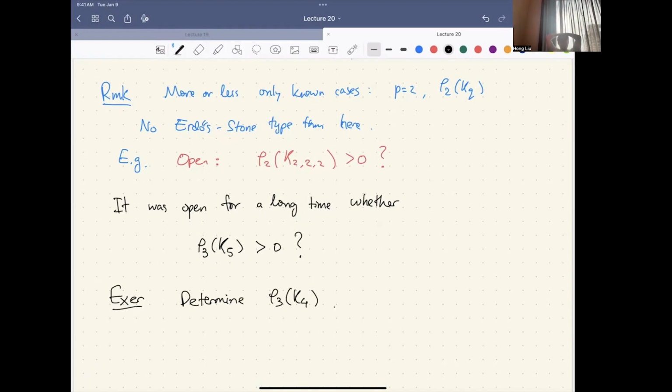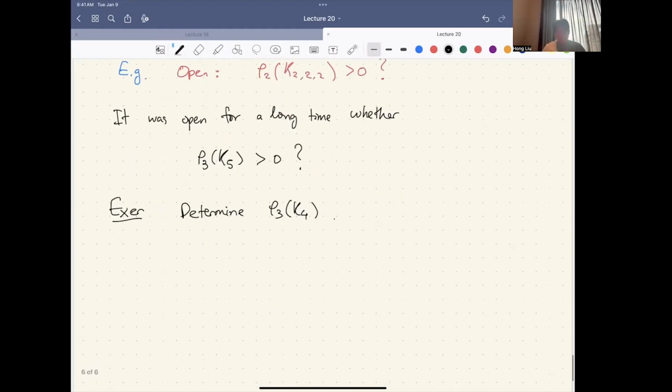Then about 10 years ago, there was a breakthrough by József Balogh and John Lenz, who proved that this is indeed positive. So what does this mean?